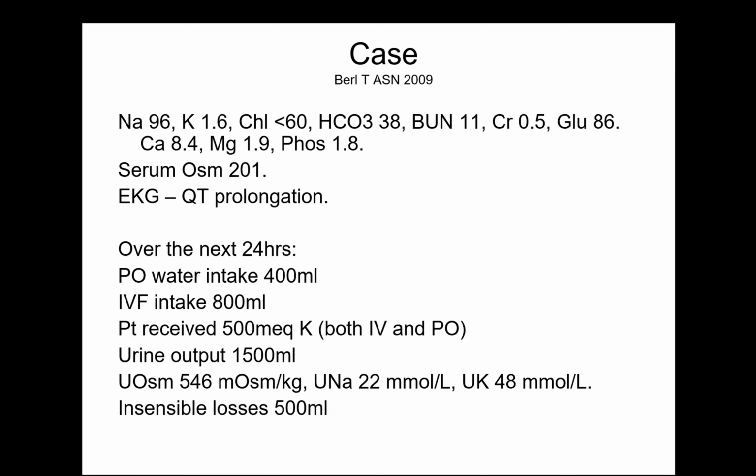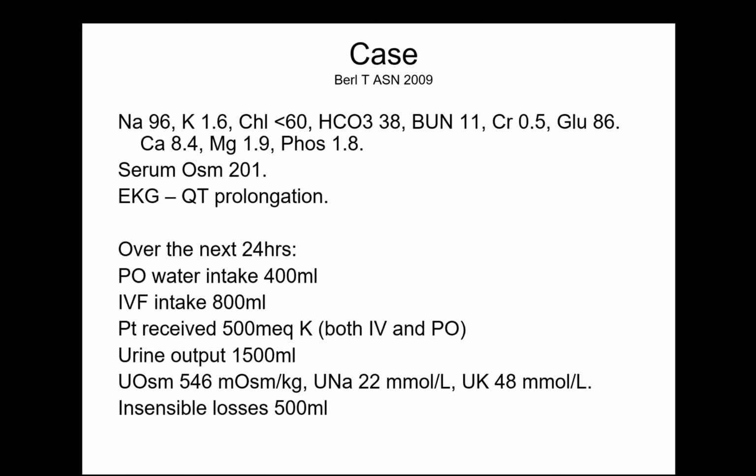So over the next 24 hours, she drank 400 cc's of water. She had IV intake of about 800 cc's. Everybody was very upset about her QT prolongation and hypokalemia, so she got 500 milliequivalents of potassium, some through IV, accounting for some of the IV fluid, and some PO.